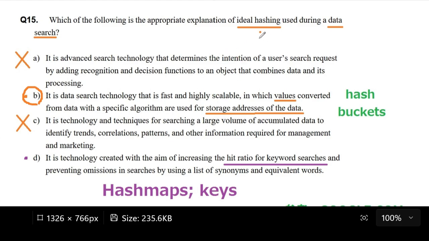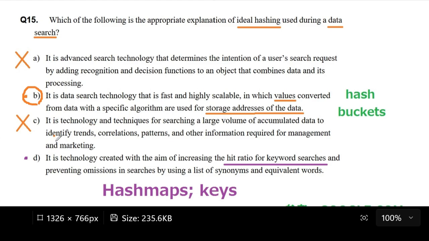I think that the part about the hashing doesn't seem to be in this choice. So I moved on to another choice. For example, letter B, it is data search technology that is fast and highly scalable, in which values converted from data with a specific algorithm are used for storage addresses of the data.